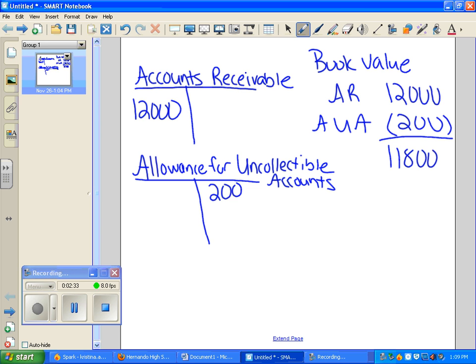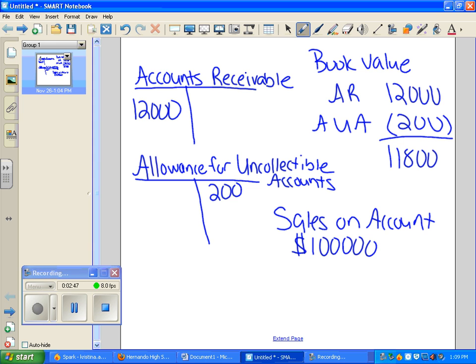So let's say you had sales on account of $100,000 for the year, and you determined that your uncollectible accounts was going to be 0.5%.